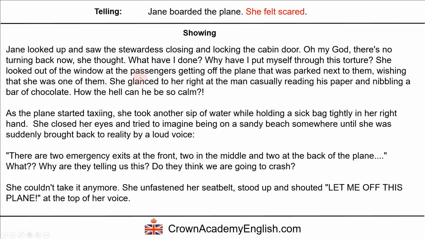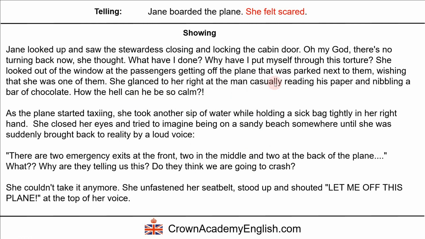Okay, so again, we are showing detailed information. We're describing the action, and here we have a lot of examples of the internal dialogue and Jane's thoughts. Okay, how the hell can he be so calm? Do they think we are going to crash? So here we can really see that Jane is terrified, in fact. Okay, and again, it's much more interesting.